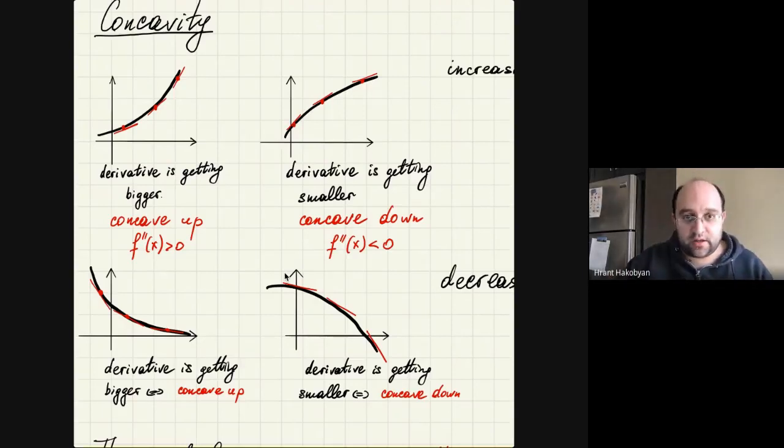So an easy way of figuring out whether the graph of a function is concave up or concave down is by looking at the second derivative and figuring out whether that's positive or negative.